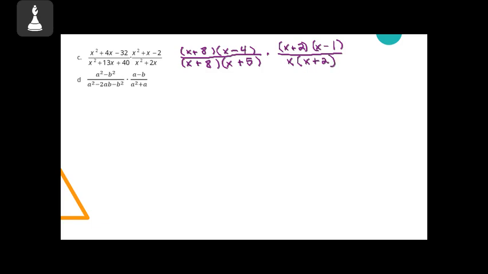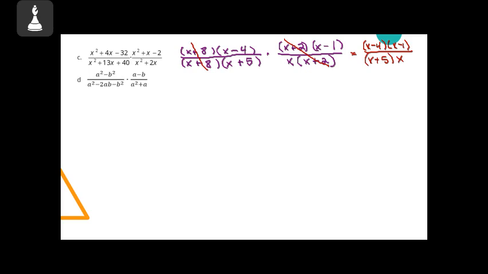Seeing what we can cross out, I have an x plus 8 on top and bottom, and I have an x plus 2 on top and bottom. So I now have x minus 4 times x minus 1 over x plus 5 times x. So what I'm going to do is multiply those back out. The bottom is a little bit easier.